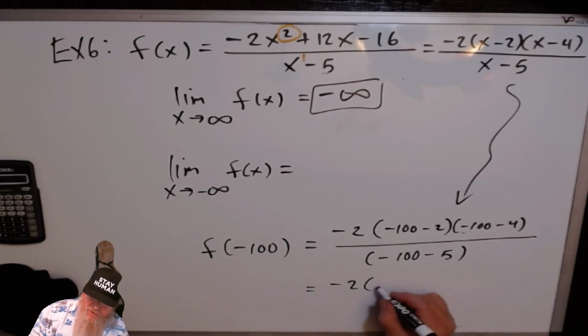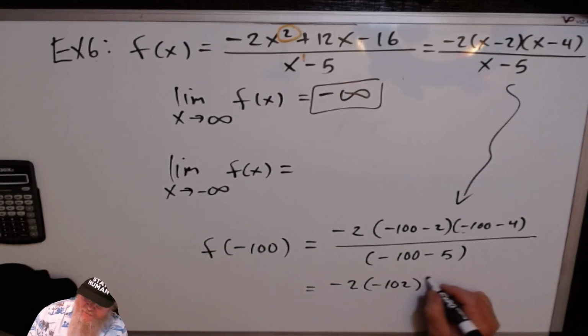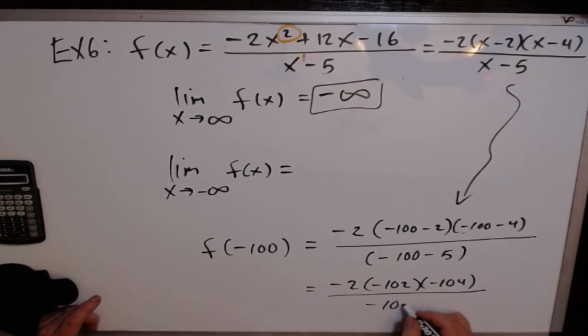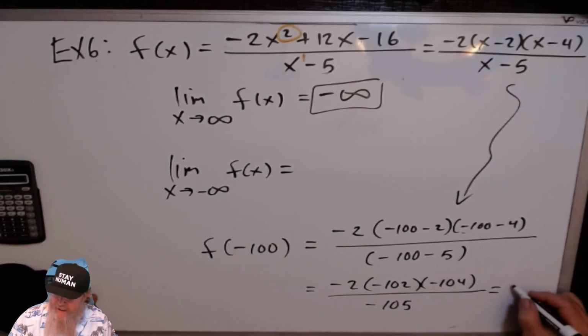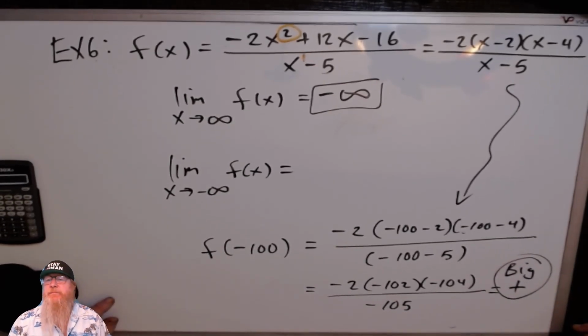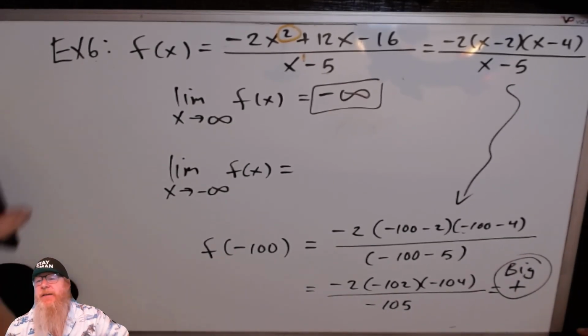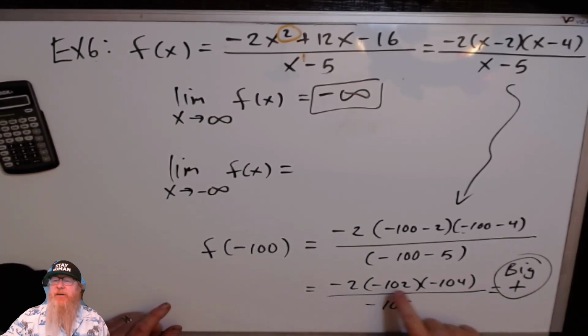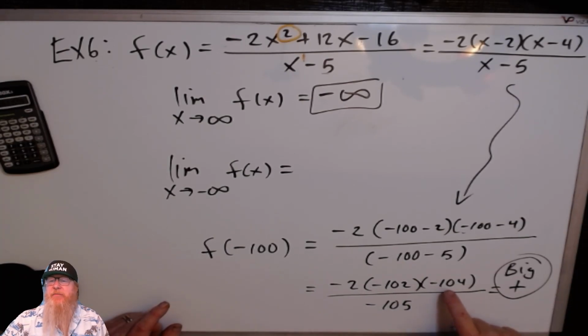So you get negative 2 times negative 102 times negative 104 over negative 105. And this is a positive number. Again, I told you I wasn't going to do it on the calculator, so I'm not. But trust me, negative 2 times negative 102 times negative 104, all divided by negative 105, all of the negatives are going to cancel out.